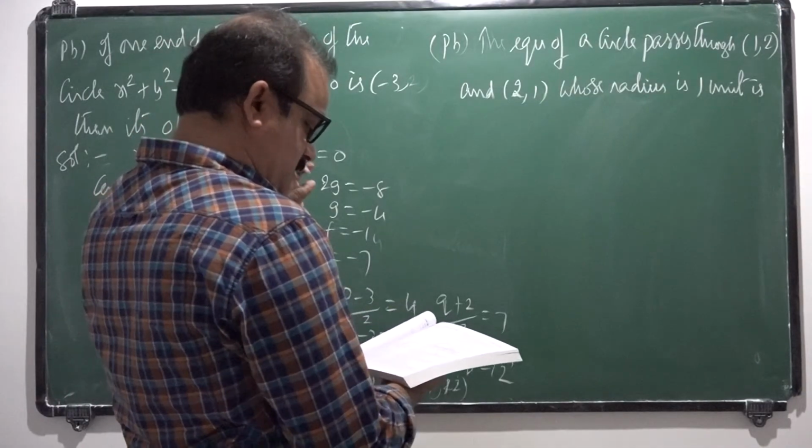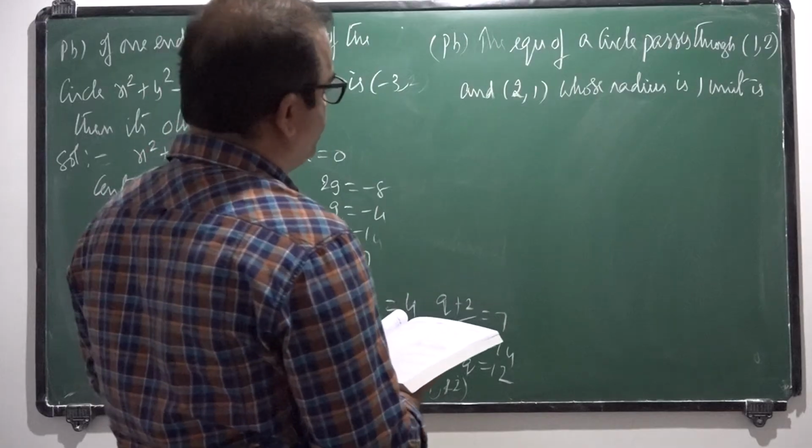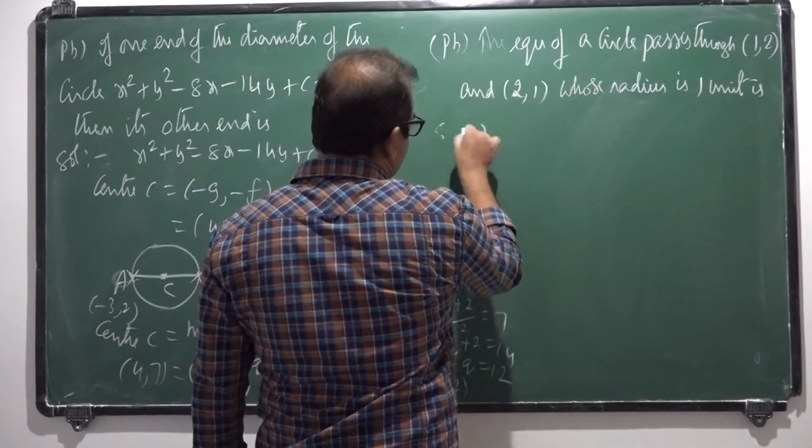Okay, a circle passing through 2 points and whose radius is 1 unit. Here 4 options are given.